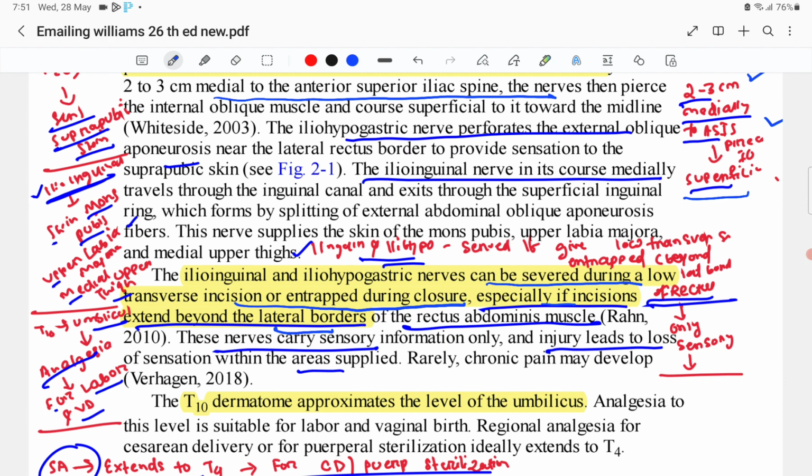And another thing, during port incision you should be lateral to the anterior spine, 2 to 3 centimeters medial to it. So in your laparoscopy port incision also you should be very careful not to injure the ilioinguinal and iliohypogastric nerves. If you cut this wrongly, then you will get a loss of sensation above the pubic symphysis, mons pubis, upper labia majora skin and medial thigh.